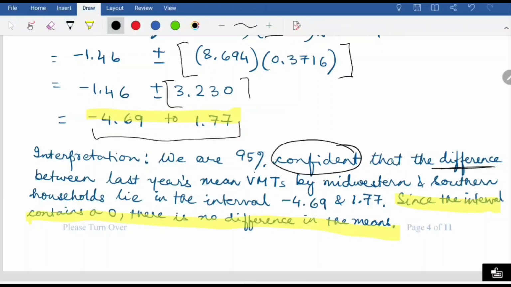When you're interpreting the confidence interval, you have to say the difference between last year's mean VMTs for Midwestern and Southern households lies in the interval between these two endpoints. Since the interval contains a zero, there's no difference in the means. That's the conclusion, right? So that's question number 3 from chapter 10.